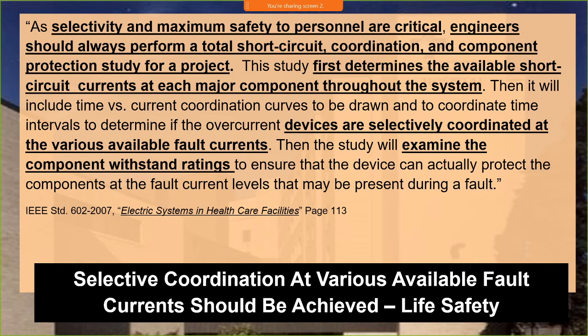It tells you that for selectivity and maximum safety, personnel or critical engineers should always perform a total short circuit coordination and component protection study. And again, equipment protection. We talked a little bit about equipment protection in our session yesterday. I don't know if we're going to have enough time today, but you're going to have to review the equipment protection based upon the settings of your overcurrent devices to achieve selective coordination. And hopefully we'll touch on that today.